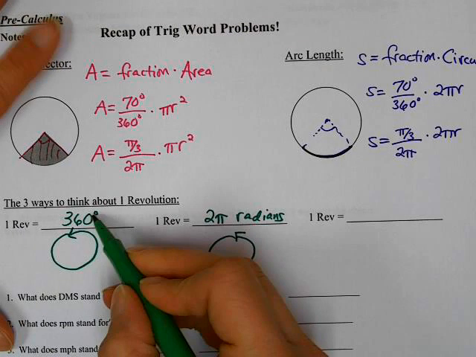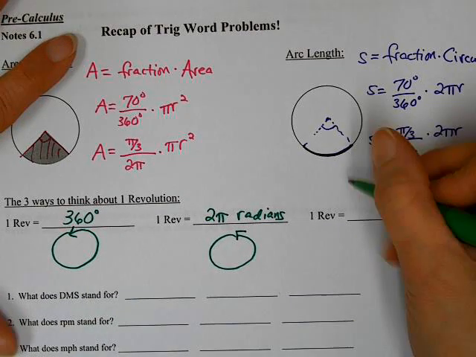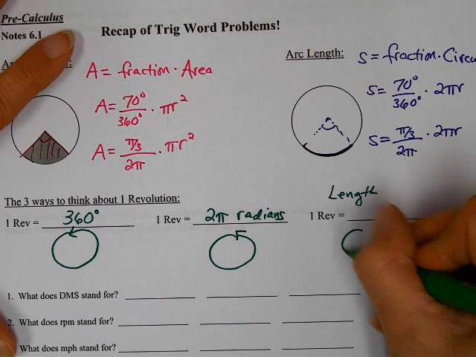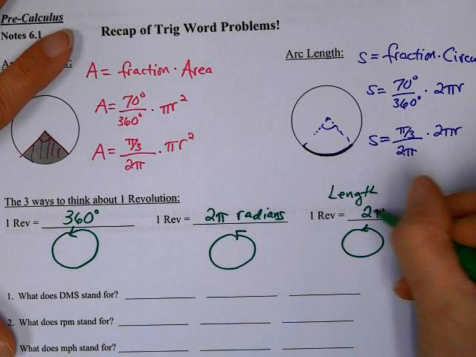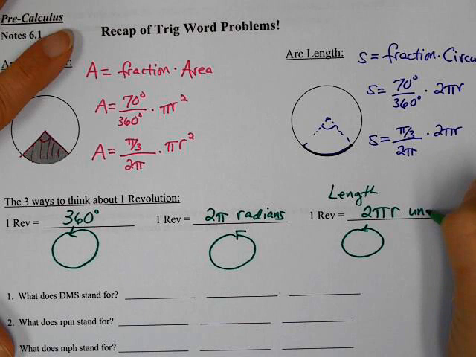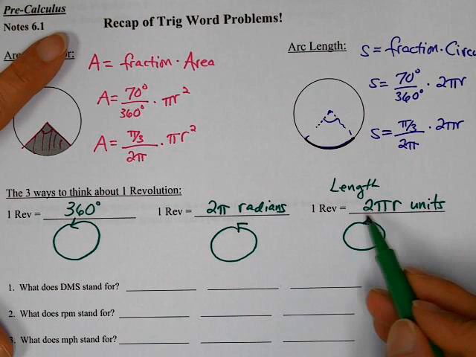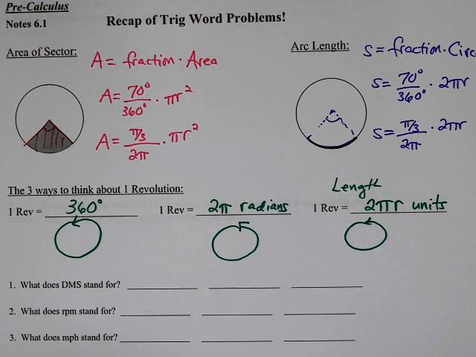So this was degrees, this is radians. The last one, which I think is helpful sometimes, is length. If you go once around a circle, how long is it? 2 pi r and then units. Sometimes it's inches or centimeters, but that's the circumference. Three different ways to think about one revolution.